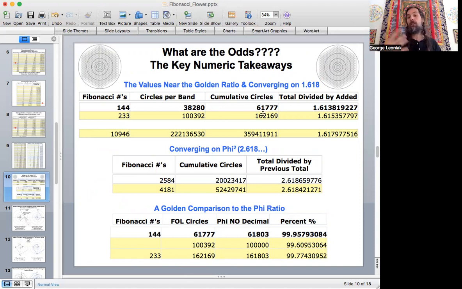I didn't know that it would start to give me the numbers of the golden ratio as well, right? The 61,777 circles and 100,392 circles are very close to 1 to 0.618, right? So very, very neat information.